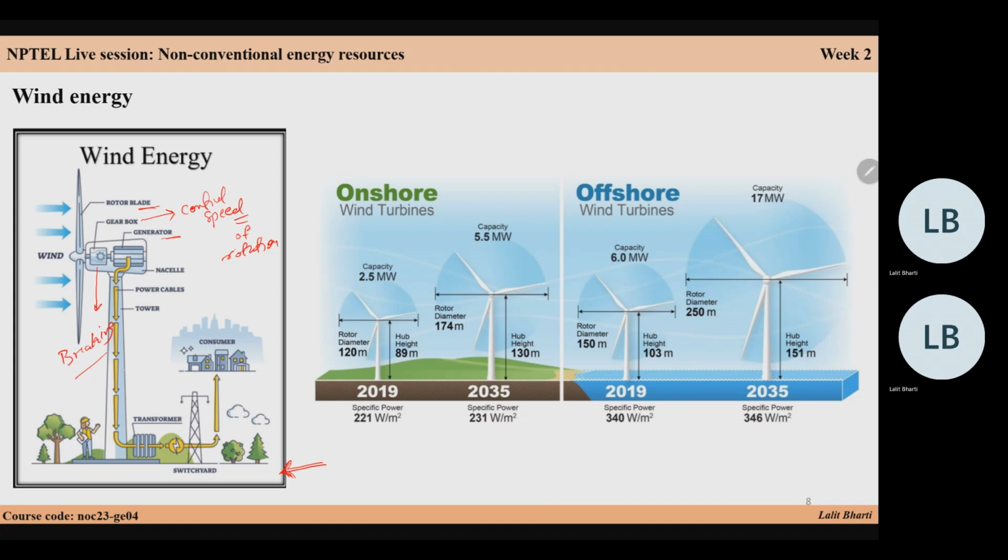The generator will produce energy in the form of electricity. Then it will be transferred to a transformer and then through the grids, it will be provided to consumers.